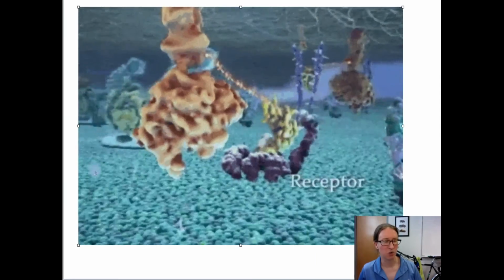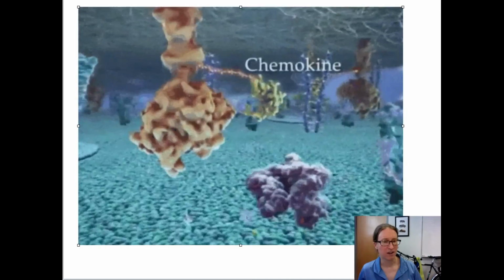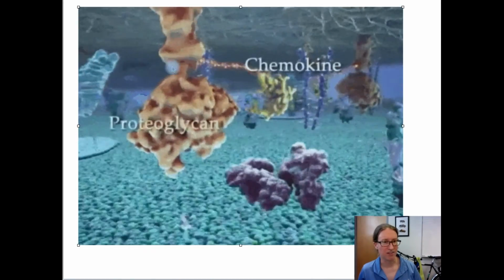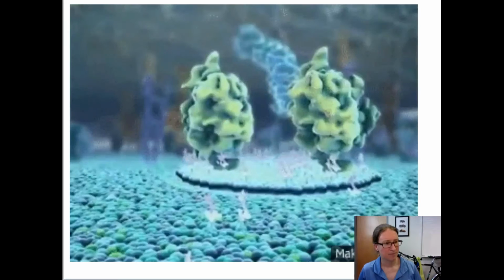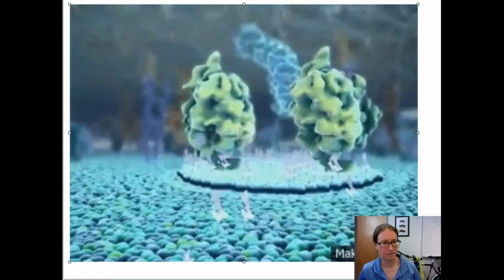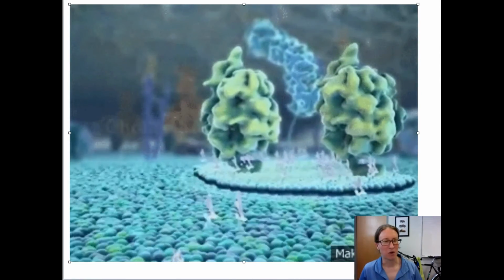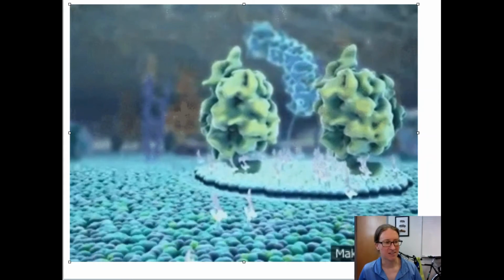So again, kind of showing you how these phospholipids on the membrane can move. So one of these proteins is a receptor protein. The other is a signaling protein, so interacting on the surface. And then here's just another cute little example of one of those lipid rafts floating around in the cell membrane.